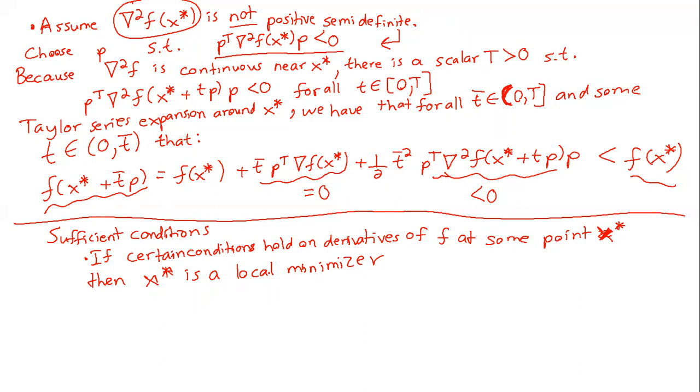So the second order sufficient condition, I will do. I'm not sure if I'll get as far as convexity. I want to give a little time for questions and discussion. So let's do second order sufficient, and then maybe next week we can do directional derivatives and convexity. So here we're going to do second order sufficient conditions.